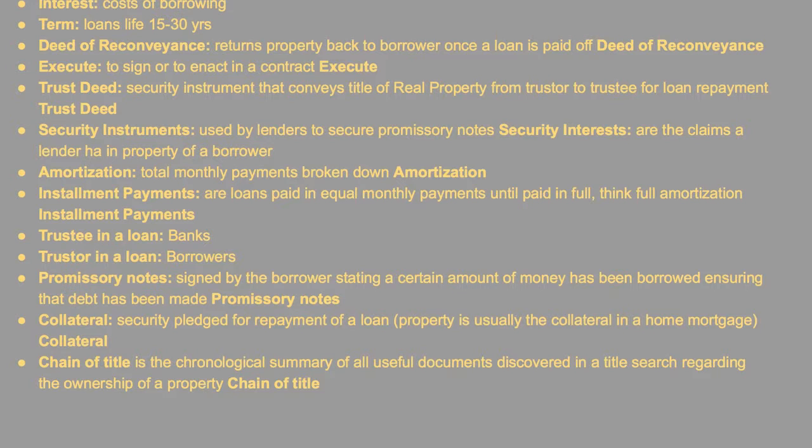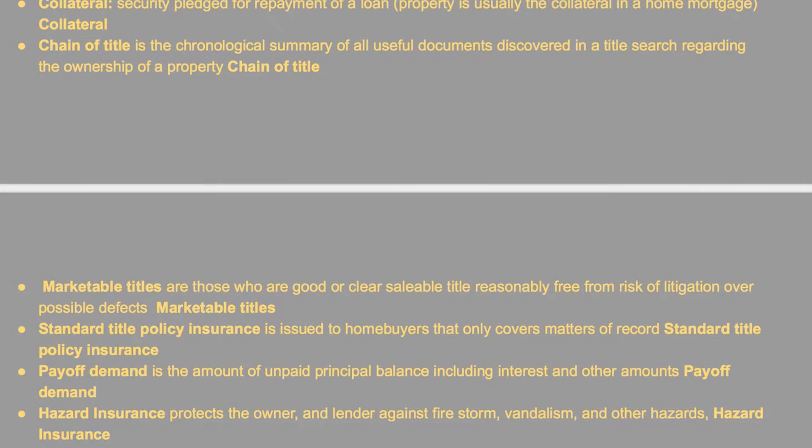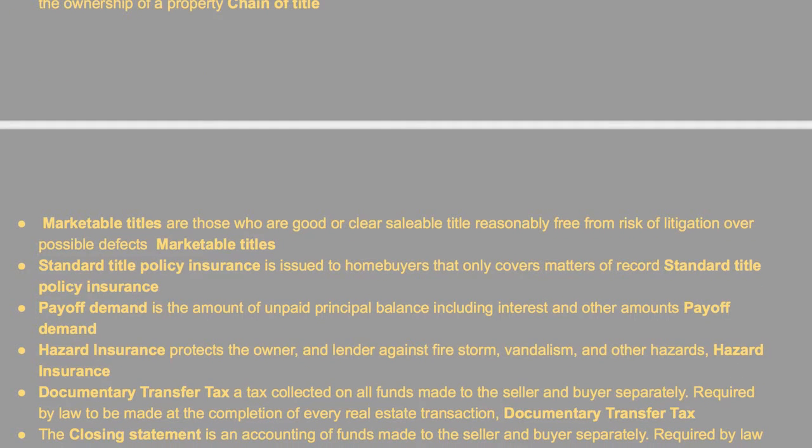Standard title policy insurance is used by home buyers and only covers matters of record. Payoff demand is the amount of unpaid principal balance, including interest and other payments. Hazard insurance protects the owner and lender against fire, storm, vandalism, and other hazards.